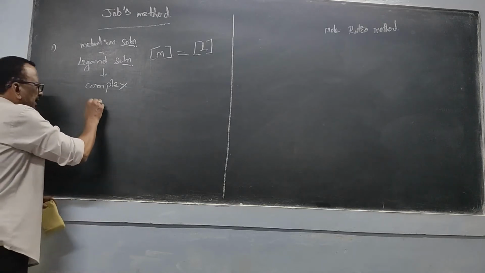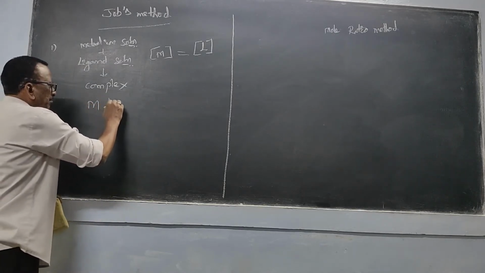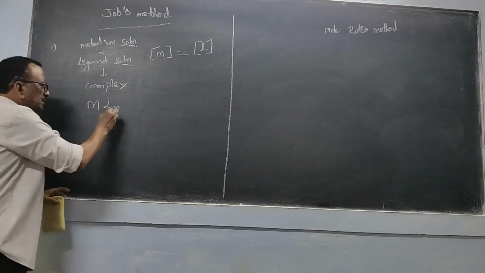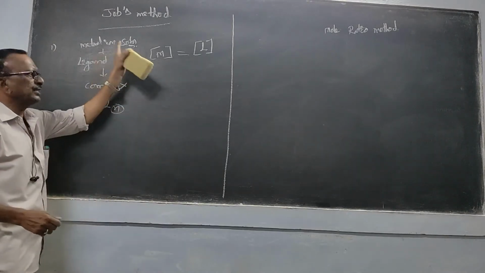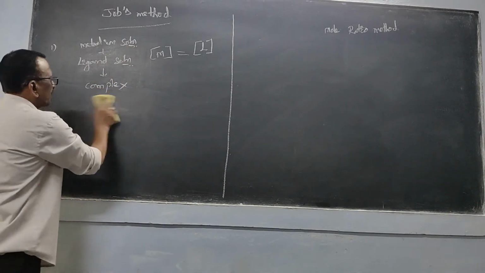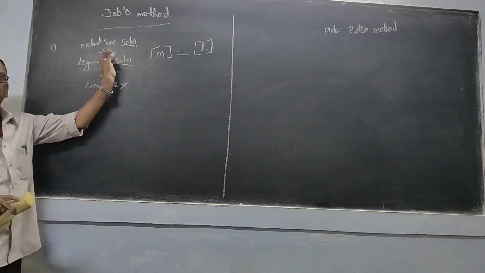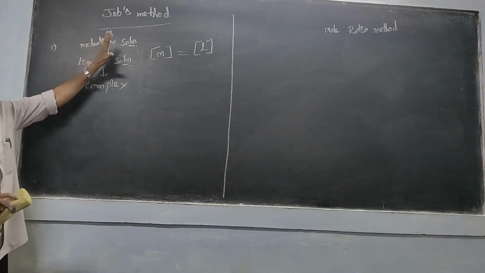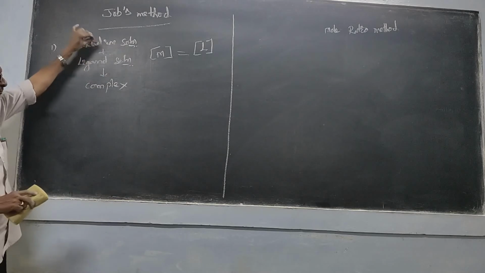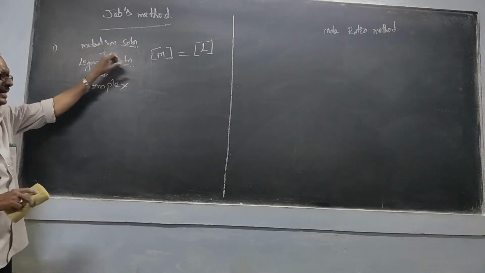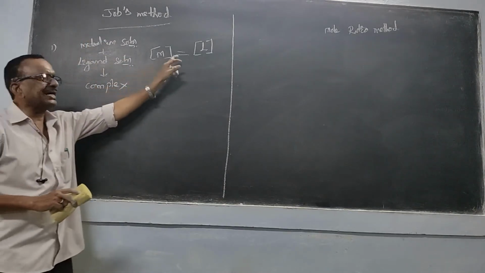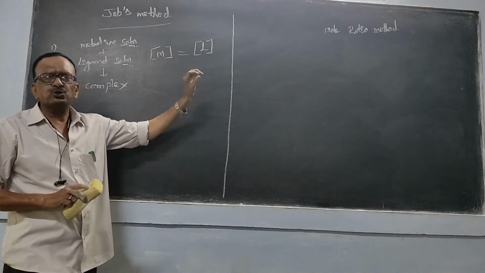This complex has the general formula MLn. This n we have to find out by using these two methods. So the first important aspect in Job's method is that the concentration of the metal ion solution must be equal to the concentration of the ligand solution.